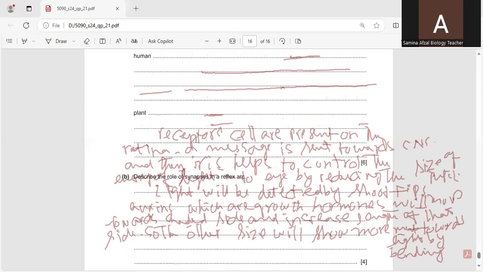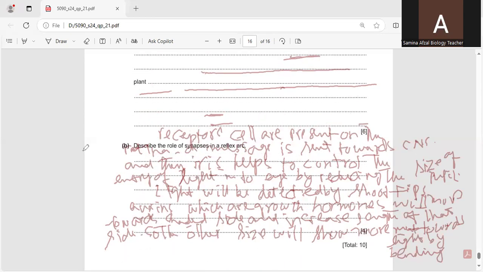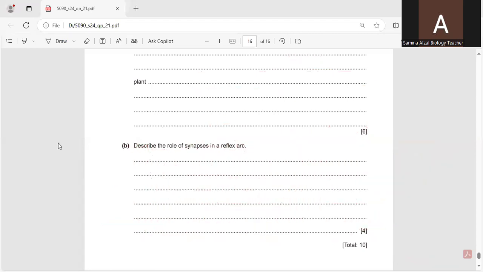Now the next question is: describe the role of synapse in a reflex arc. So first of all, what is a synapse? Synapse is a gap between two neurons.